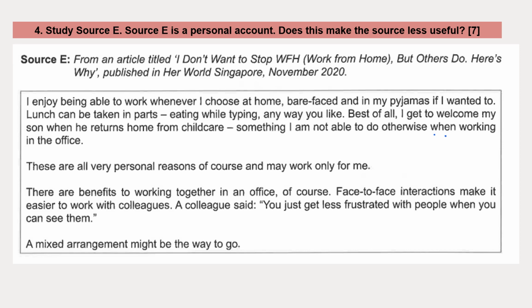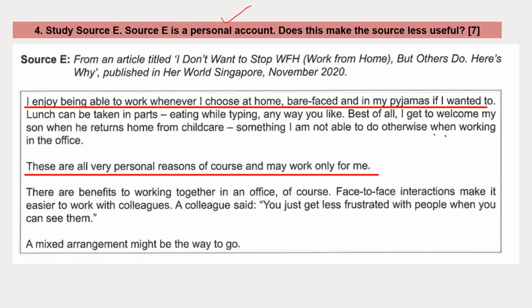If you look very carefully here, because it is a personal account, is it unreliable? Can I not trust this particular source? Looking at it very carefully, look at all the positive aspects that they're saying about working from home. But there is this thing called a disclaimer.